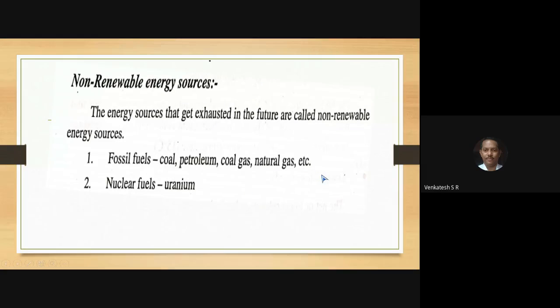In Karnataka, in Kaiga, near Shimoga or Chikmagalur, we have a nuclear power plant which produces electrical energy.